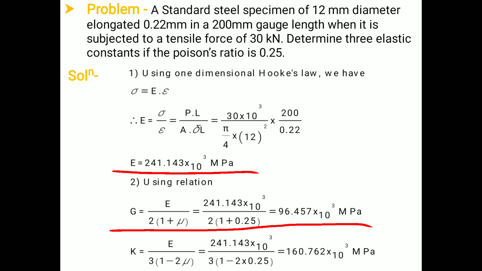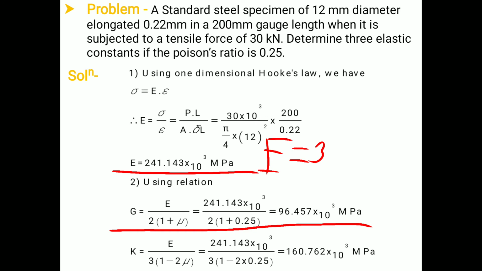Now we are going to determine the third elastic constant, that is K. As discussed in the previous lecture, we have E is equal to thrice K into 1 minus twice mu. On solving, I have K equal to E upon 3 into 1 minus twice mu.